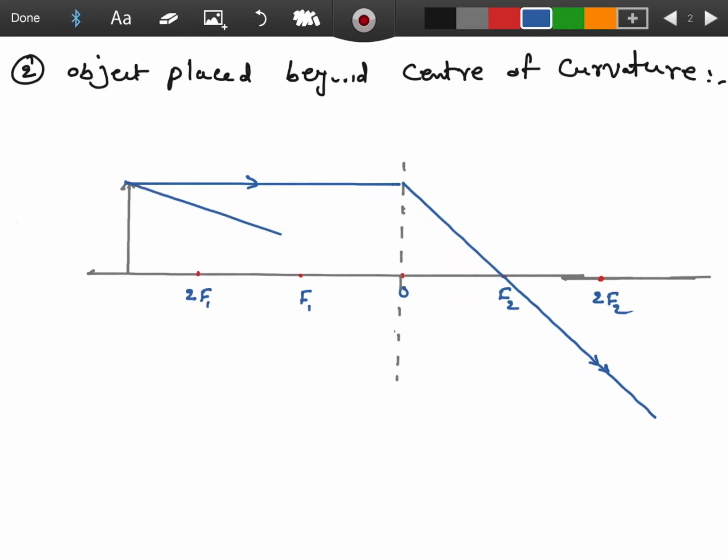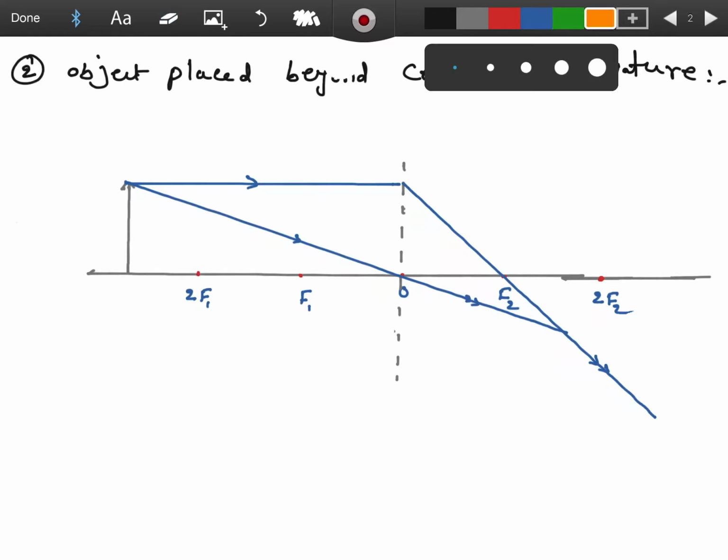It will go straight without deviation. This is the incident ray, this is the refracted ray. Where the 2 refracted rays meet, there you will get the image. See here, this point is the intersection of the 2 refracted rays. Here you are going to get the image.